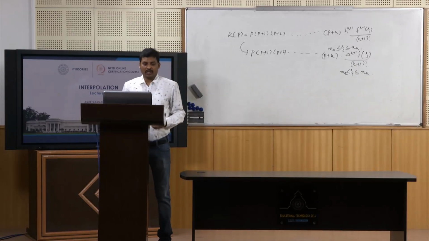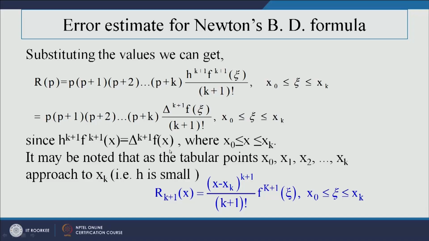Since we have already obtained that h to the power k plus 1 f to the power k plus 1 of x can be represented as del to the power k plus 1 f of x, where x is lying between x0 and xk.